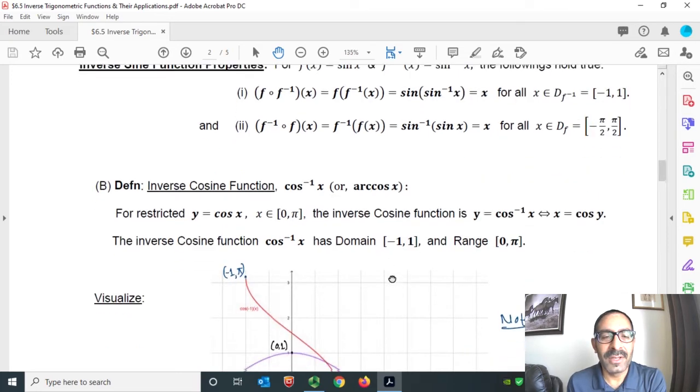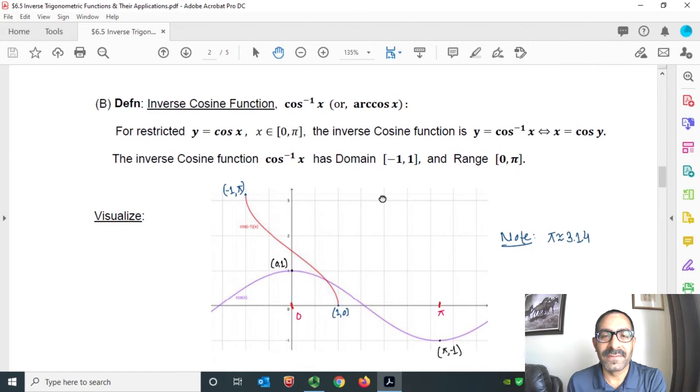Great. Similarly, let's talk about inverse cosine functions. For the restricted cosine function on the domain 0 to pi, the inverse cosine function is defined as y equals cosine inverse x if and only if x equals cosine y. So here y equals cosine inverse x, then you apply cosine to both sides.